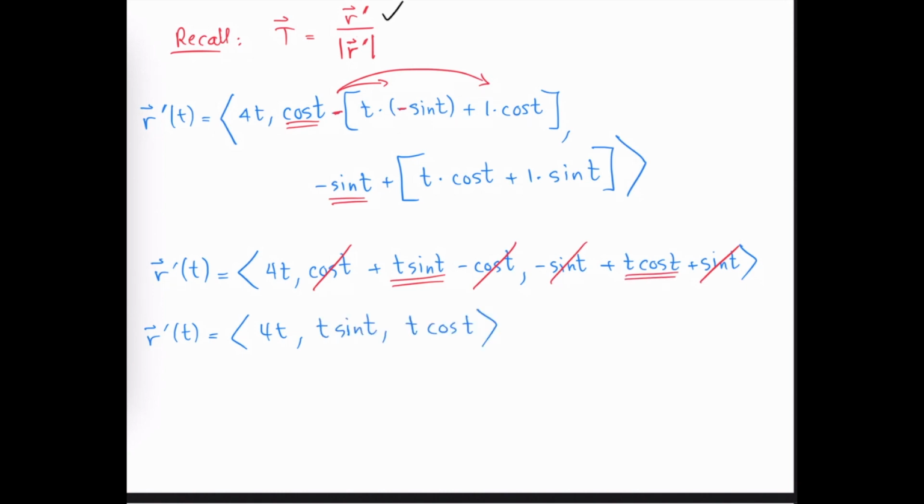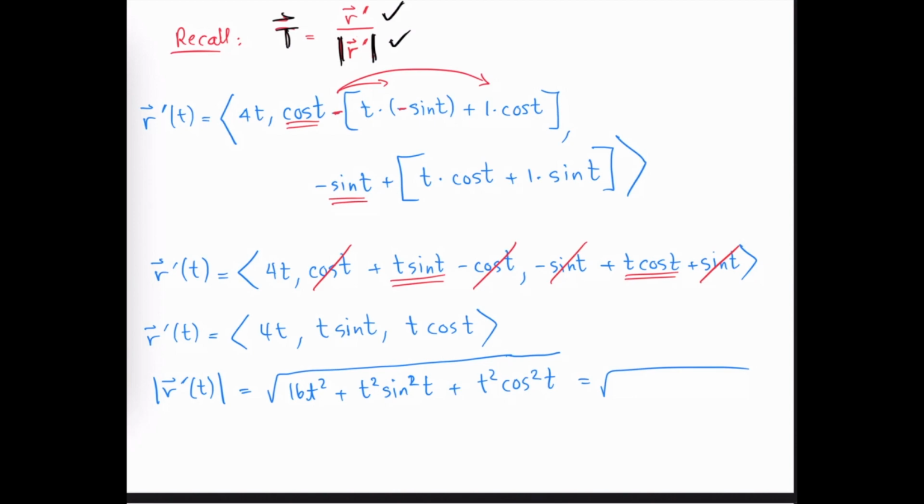So we now have r prime. In order to complete our computation of the unit tangent vector, we'll need to calculate its magnitude, and then divide r prime t by its own magnitude. So the magnitude of r prime t is going to be the square root of 4t quantity squared, which is 16t squared, plus t sine t squared, which is t squared sine squared t, plus t cos t squared, which is t squared cos squared t.